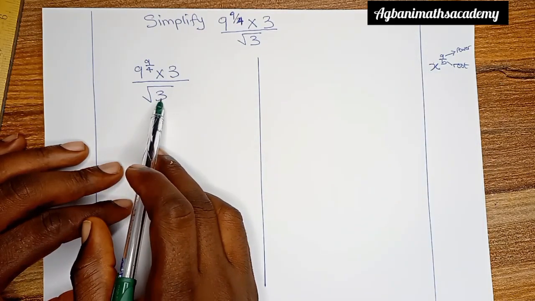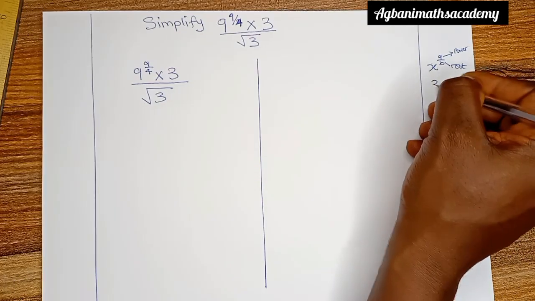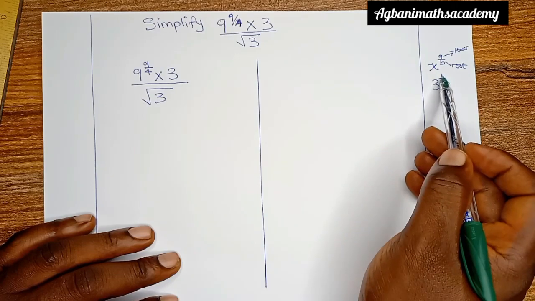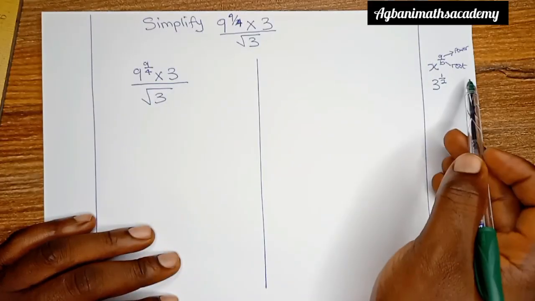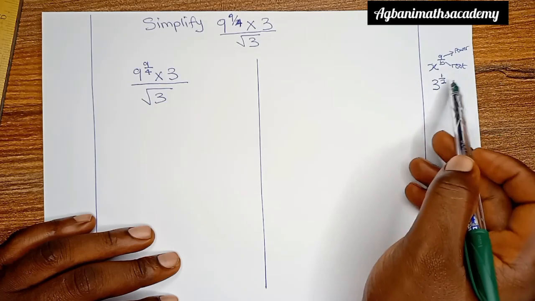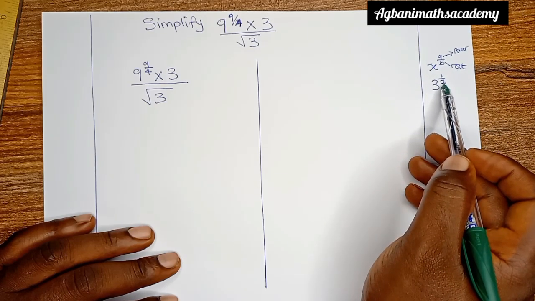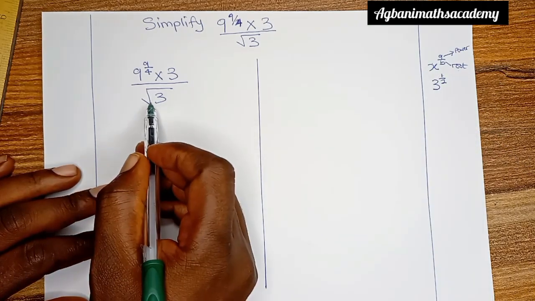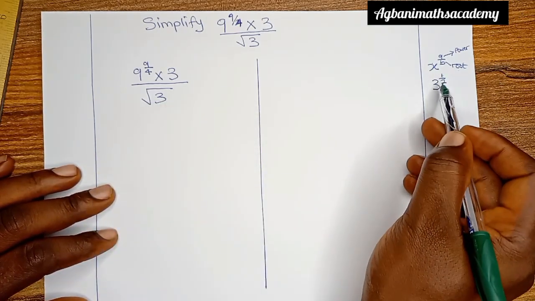So square root of 3 means 3 raised to the power 1 all over 2. Because here we don't have any power. What we have is root, square root of 3. So since the denominator is a root, so square root is divided by 2. So we have 3 raised to the power 1 all over 2. So let's replace square root of 3 with 3 raised to the power 1 all over 2.